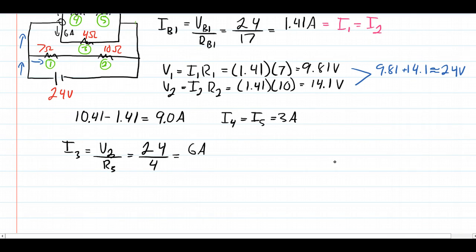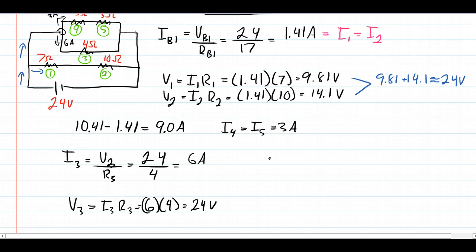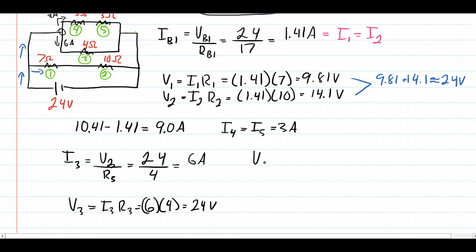So now all I have to do is find voltages. So the voltage drop of resistor 3 is going to equal the current of resistor 3 times the resistance of resistor 3, which we can do pretty simply: 6 times 4, which equals 24 volts, which we should have already known. But it's nice to double check to make sure that we're doing things correctly. We can do the same thing with 4 and 5.